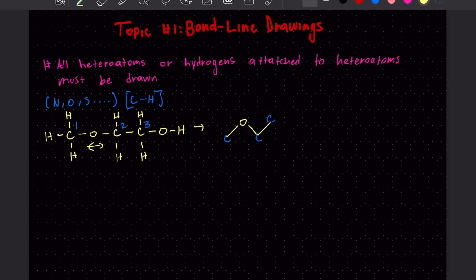And we will draw that like this. So we can see now that we converted our condensed structure to our bond line structure by following this rule, which states that we must add our heteroatoms, such as our oxygen, and hydrogens attached to heteroatoms, such as the OH right here. Let's look at one more example.